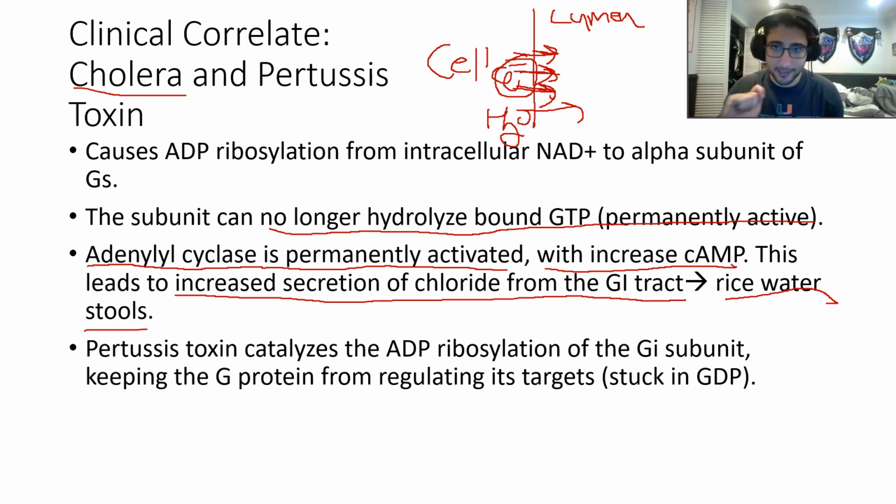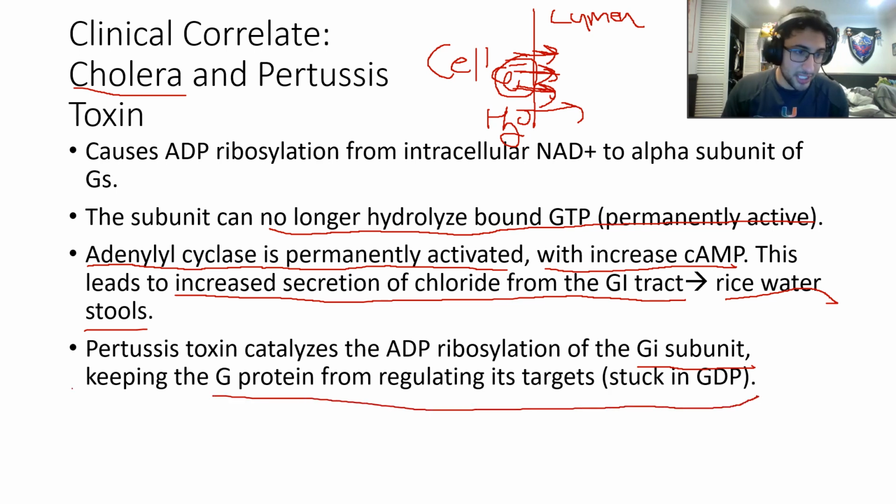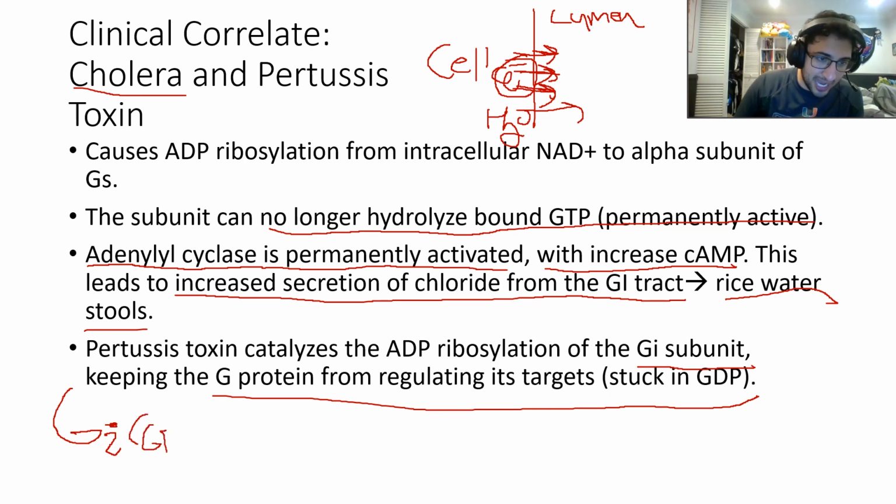Pertussis also acts through ADP ribosylation, but of the inhibitory subunit, which is going to keep the G protein from regulating its targets. So a Gi subunit is trying to keep things from acting, all right? So when you trap it in the GDP state, the Gi, the inhibitory pathway, doesn't activate.